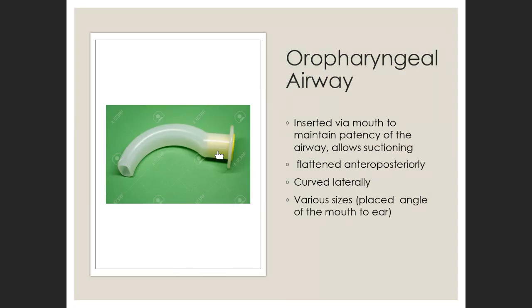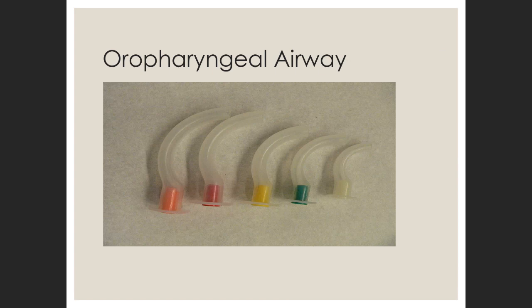It has a bite block in it so that the patient can't occlude the airway, and it pulls the tongue forward off the pharyngeal wall and leaves a clear airway. However, if the patient has a gag reflex, the patient is going to gag and possibly vomit, and therefore it is an airway that has to be used when the patient is unconscious. Oropharyngeal airway is used in an unconscious patient.